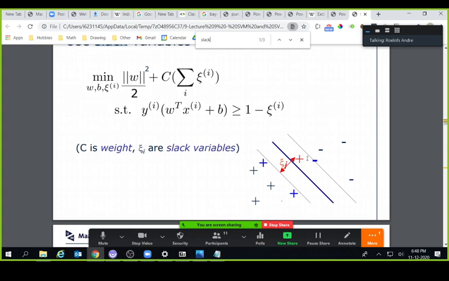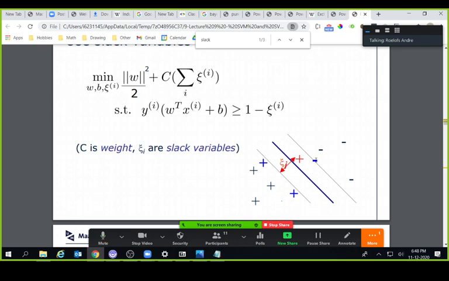It would be a lot better if we could basically move this plus to here, and then we would be having a better margin. So if we have a line here, that is the closest line to the positive examples.